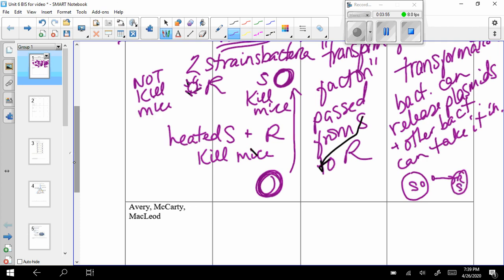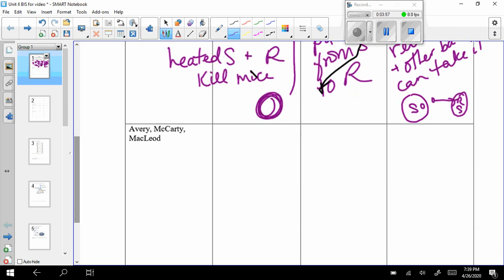All right, our next experiment, Avery, McCarty, and McLeod. What they did was they took all of the liquid from the environment, from the heated S and the R. They treated this with all different enzymes.